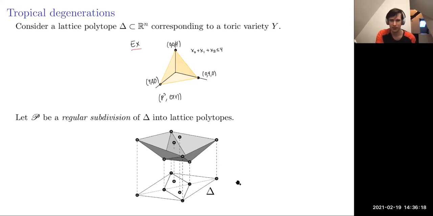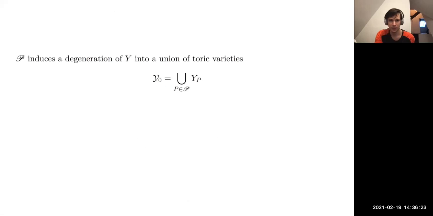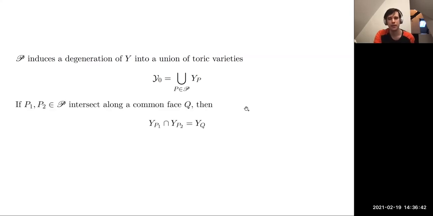But this is the picture. The main point is that this subdivision induces a degeneration of Y into a union of toric varieties, one for each face in the subdivision, and they intersect in a way that reflects the combinatorics of the subdivision.